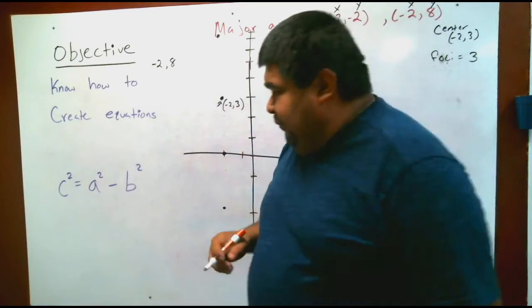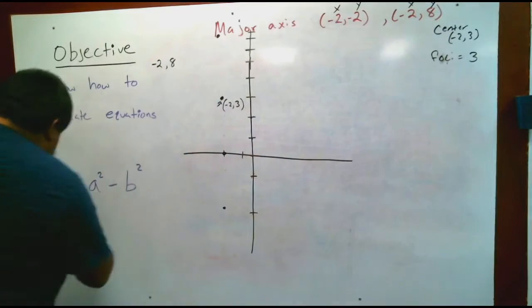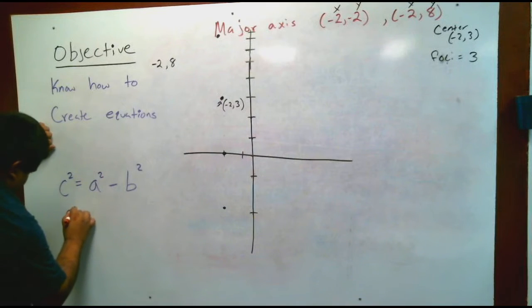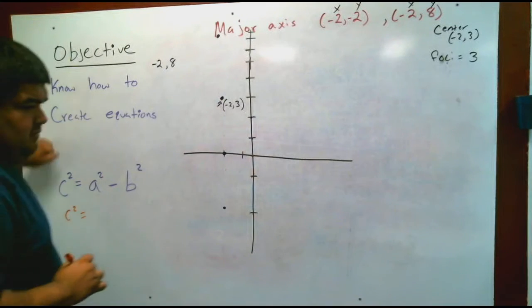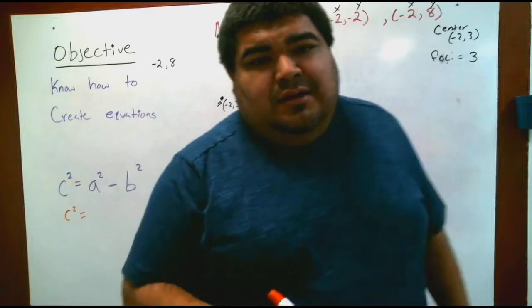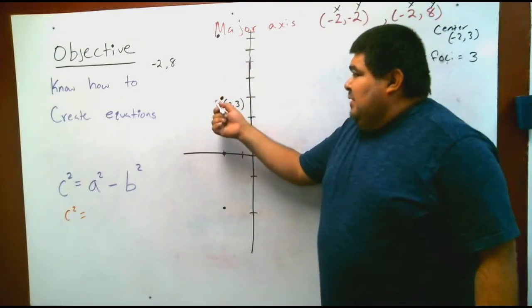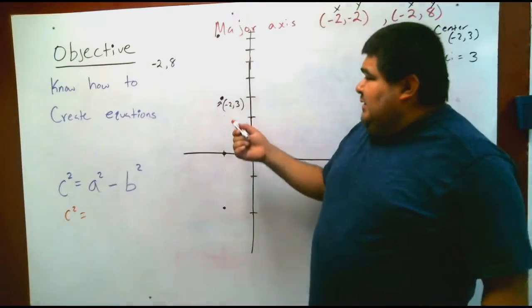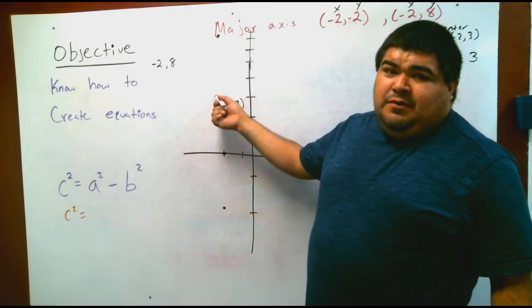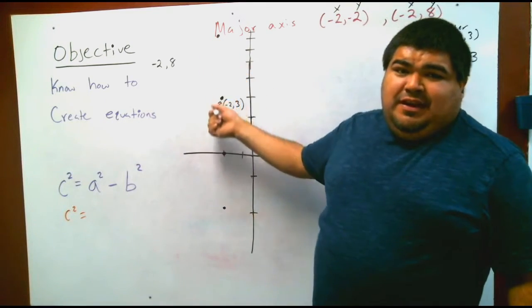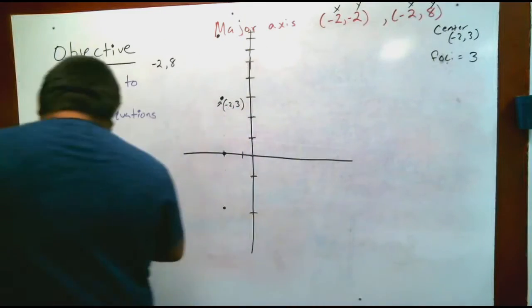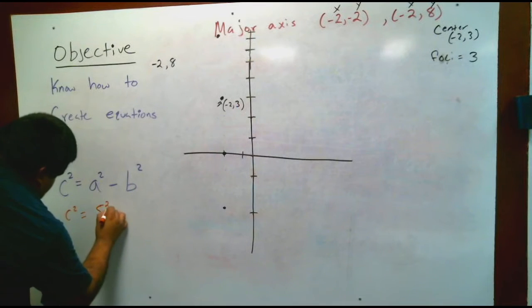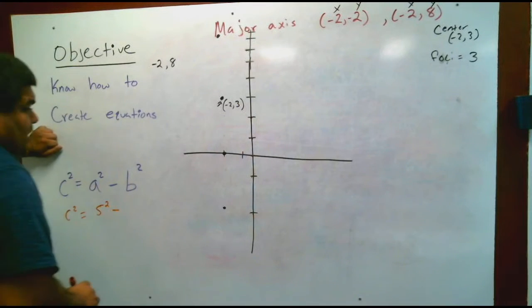So we have C squared equals A, which is again the distance to the major axis, which is 5. So we have 5 squared minus our minor axis.